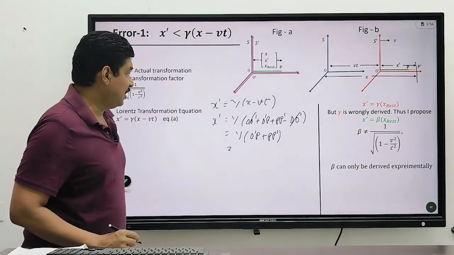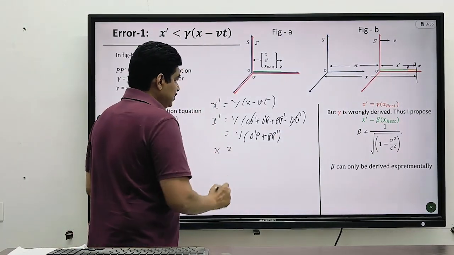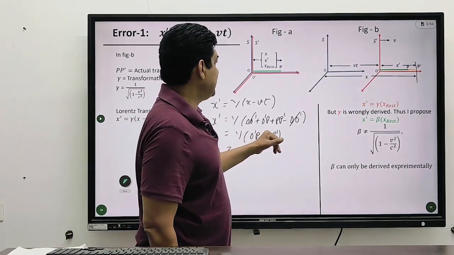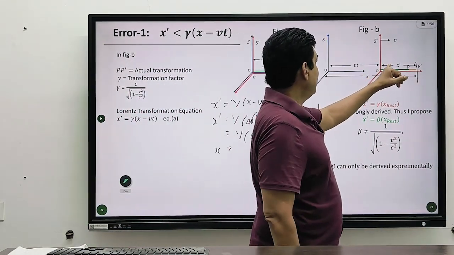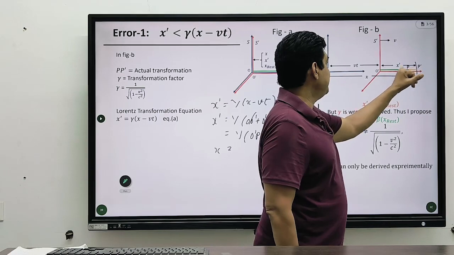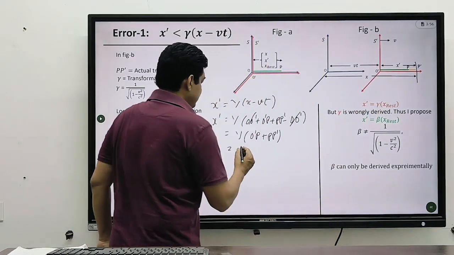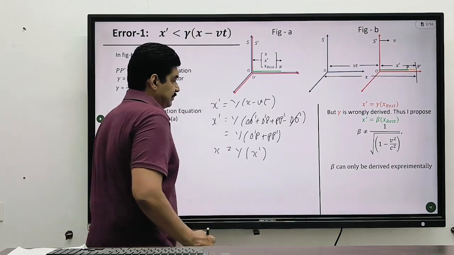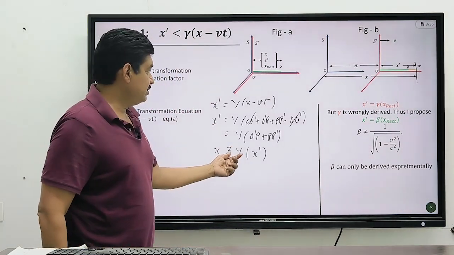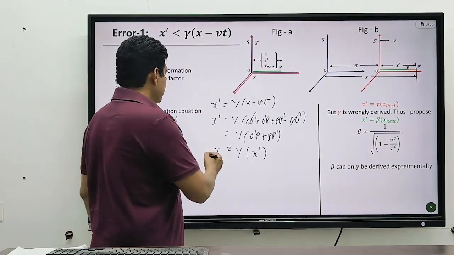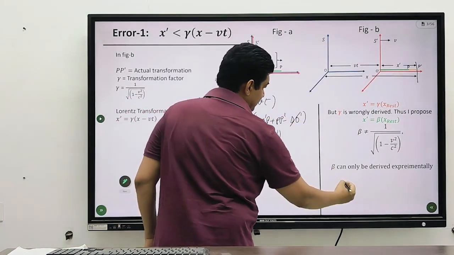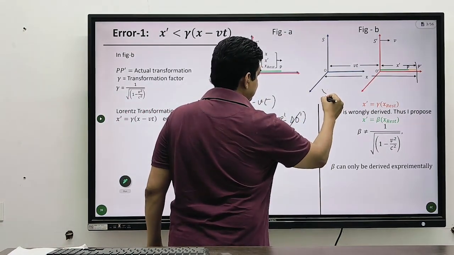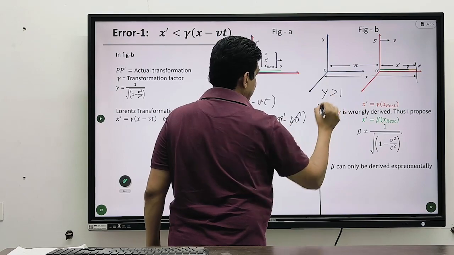Now, what is O prime P plus P prime? It is nothing but x prime. And they have proposed the value of gamma to be greater than 1. Gamma is always greater than 1.